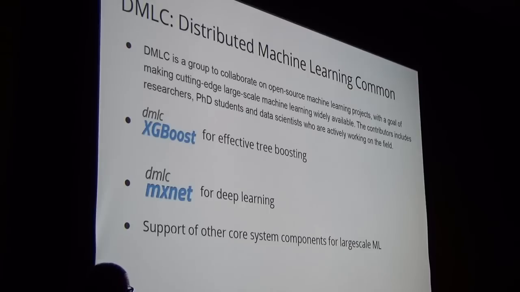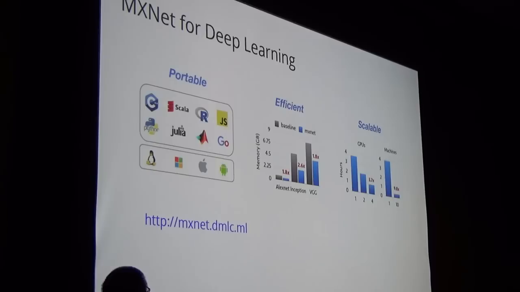We have another example called MXNet that aims at the domain of deep learning. MXNet is a library that we built for deep learning that resembles XGBoost in its design. It's very similar to TensorFlow, but more lightweight, in the sense that you can port it to many of the existing devices and fully utilize all the resources you have on the node.